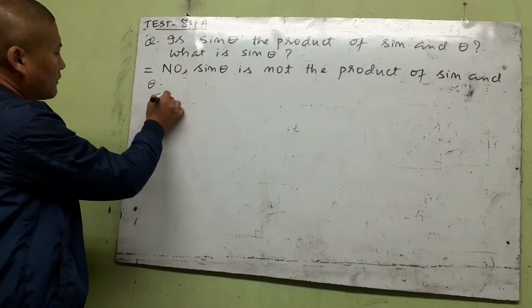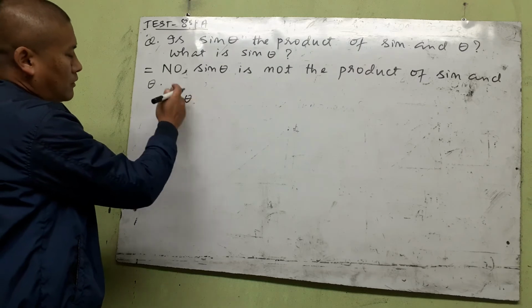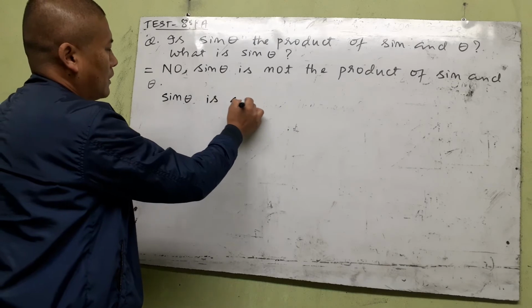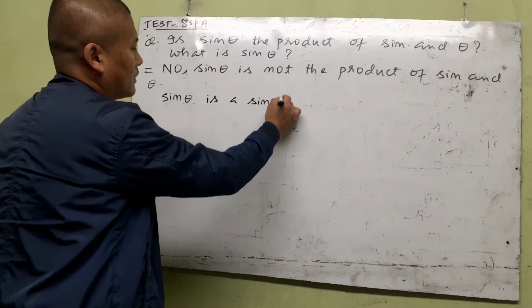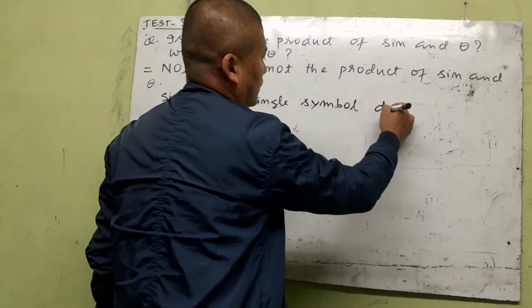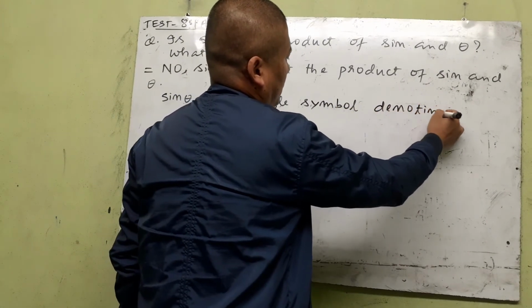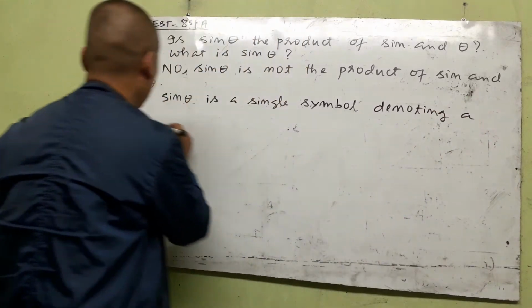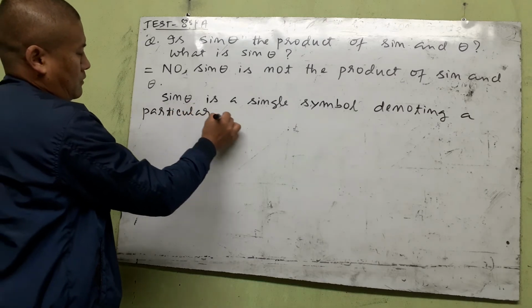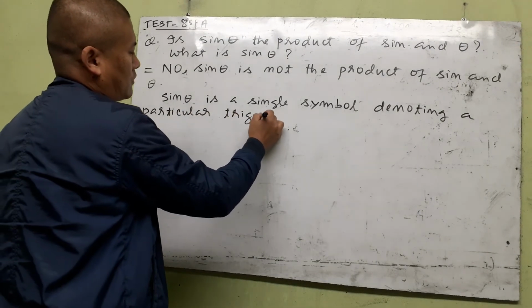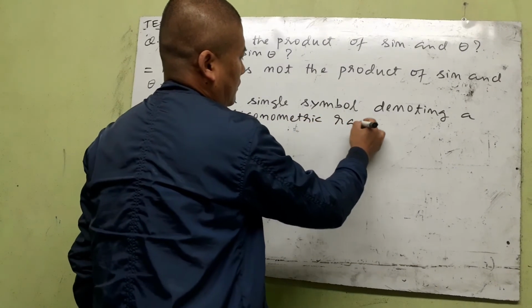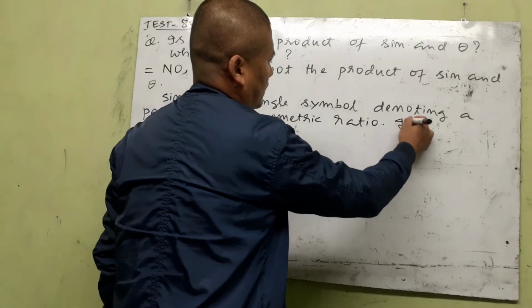Then you write in the next paragraph, sine theta or tan theta or cot theta, same, is not two factors but a single symbol denoting a particular trigonometric ratio, full stop. You can add this one.